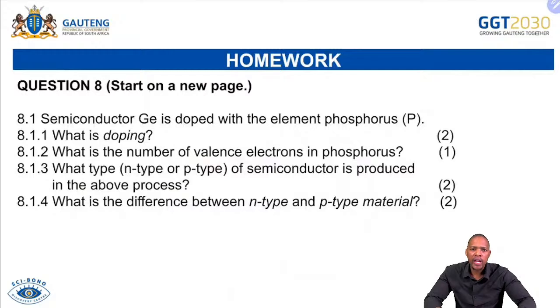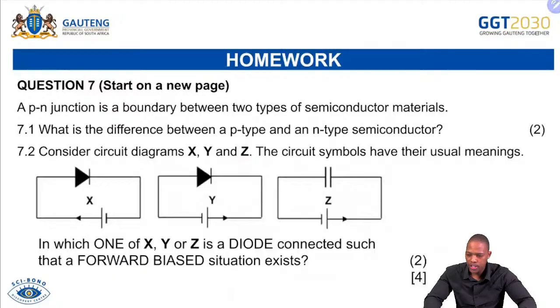So today I have two questions for you: question 8, and also question 7 from a previous question paper. Try to answer these questions, and if you understood everything that we talked about, it should be very, very simple for you. If you get stuck, you will consult your teachers, and they should be able to easily help you answer the questions.